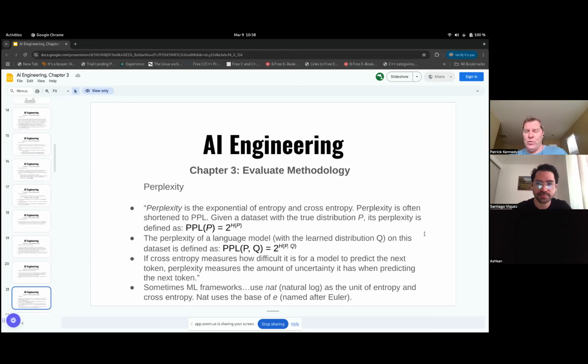By using that base, somehow that constant, I forget the exact number, is friendly with logarithmic information, I think. So it plays well, and it makes it very useful.